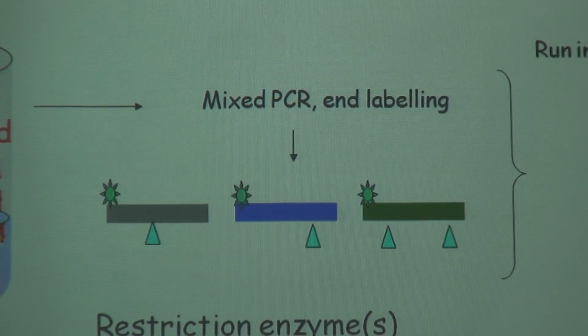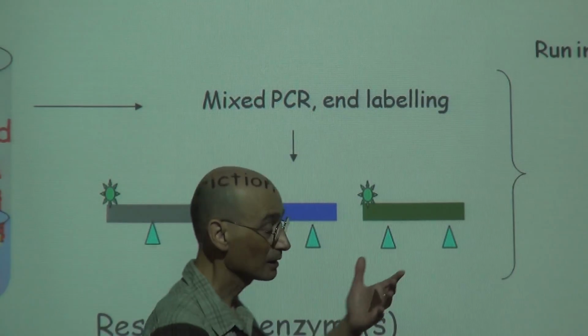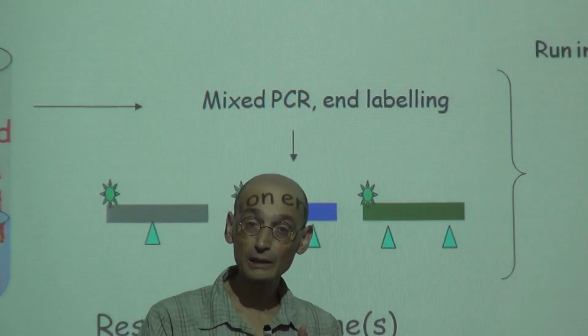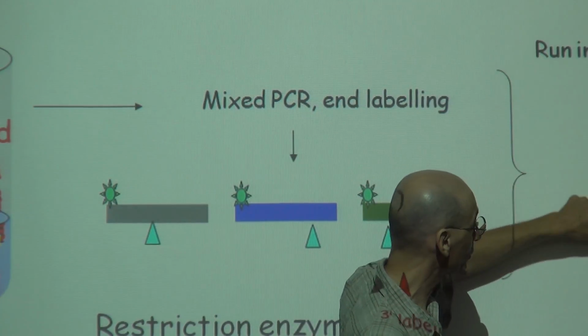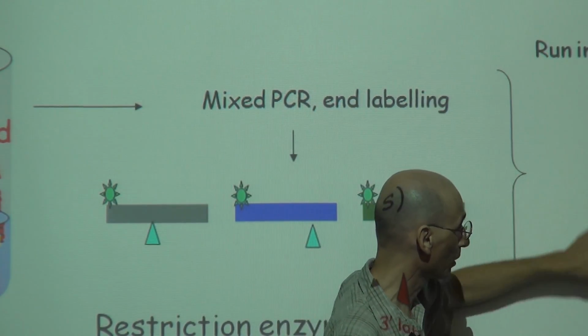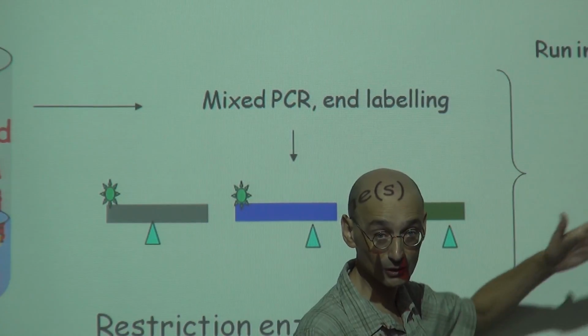Okay, so you run it in the sequencing gel, which is a kind of gel like this one, but a little more complex. And in this sequencing gel, the only bands that you will see, you will be able to visualize, are the ones which have the fluorescent probes. The other ones, you are blind to them, you don't see them.